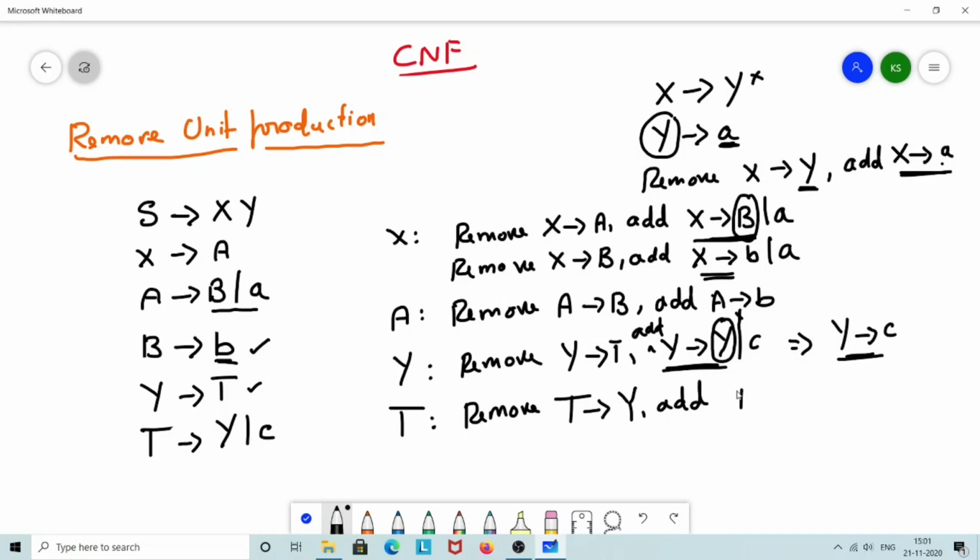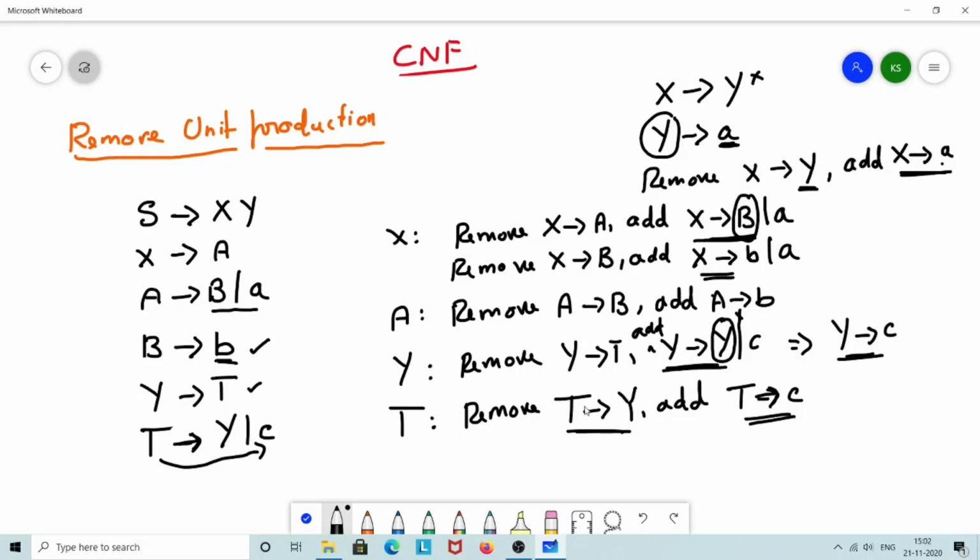Now if I write t gives c, it is of no use because I already have what t gives. See, t is already giving a c, right? So there is no point in adding t gives c again, because I already have such a rule. So the simple point is to remove t gives y, and there is no need to add t gives c because I already have a rule where T is giving a C. So now we have removed all the unit production from my grammar, isn't it?